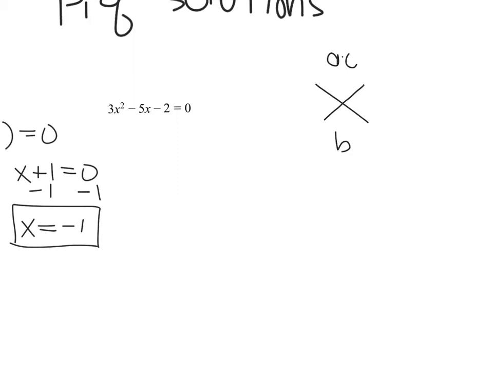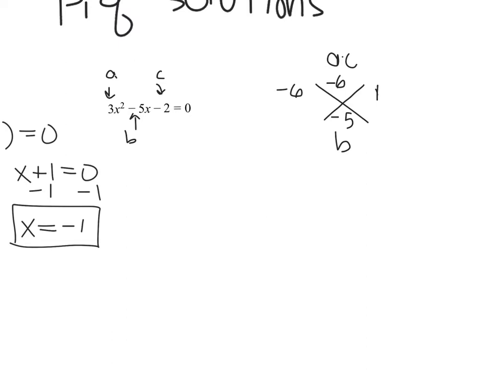So first I have to figure out what a times c is. So a is the 3, c is the negative 2, so we're going to get negative 6, b is the negative 5. So I want to find the values that multiply to negative 6 and add to negative 5. It's going to be negative 6 and positive 1.